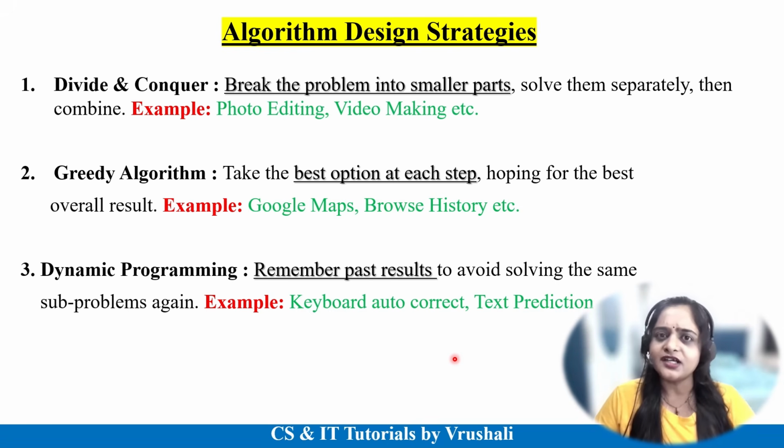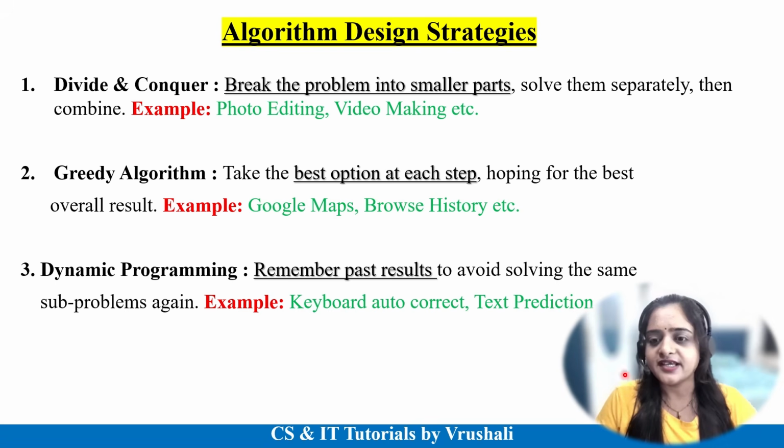When you type a keyword like structure, after typing s and t, it gives you the complete word, which is called autocorrect. This is dynamic programming. You have used this word or Gmail account previously, so the result is stored in the keyboard buffer and used as per your need.